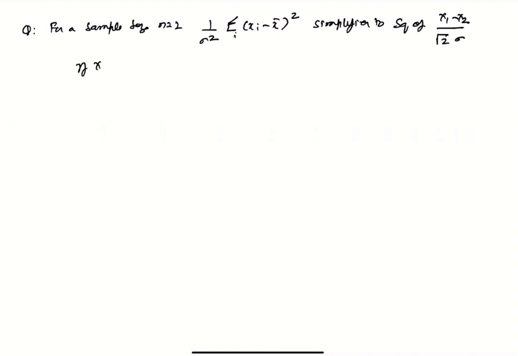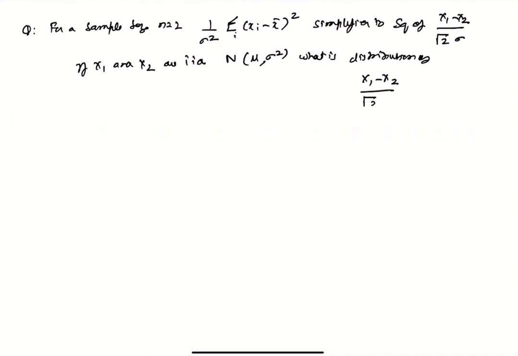If x1 and x2 are IID normal with mean mu and variance sigma square, what is the distribution of (x1 minus x2) upon under root 2 sigma?